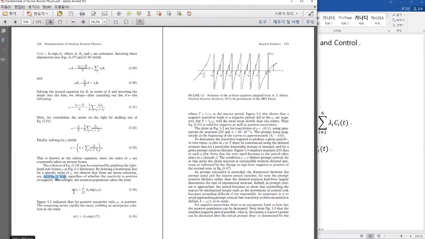In that case, n(t) is given as the sum of all exponential omega_i t terms. And of course, the solution will be dominated by omega 1, the omega with the biggest value.